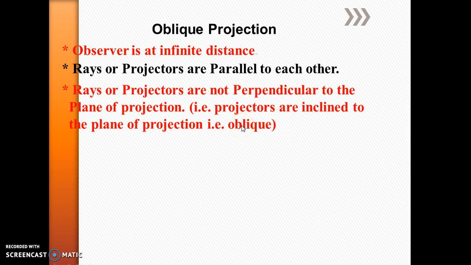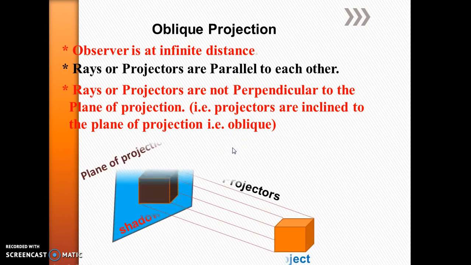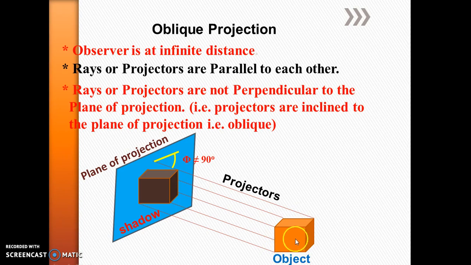That is, it is oblique, so it is called oblique projection. Let's see here in this figure: this is the object, and the projectors are parallel to each other and inclined to the plane of projection. That is, it is not 90 degrees, it is less than 90 degrees. Then it is called oblique projection.